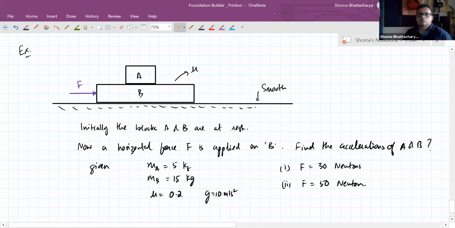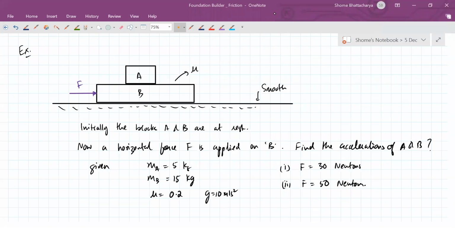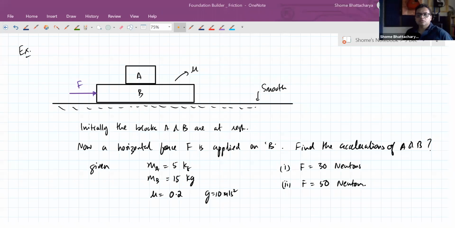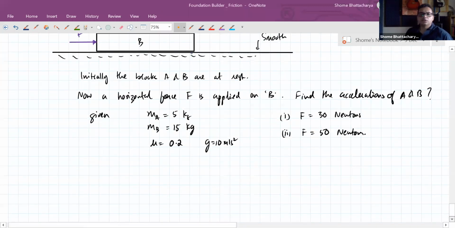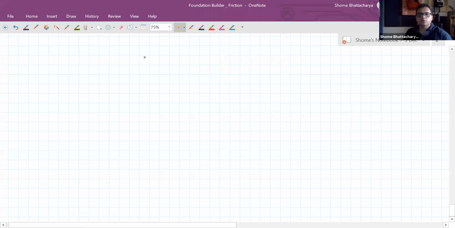Okay, now see, based on the amount of force we are applying here, remember the ground is frictionless. So two possibilities are there.